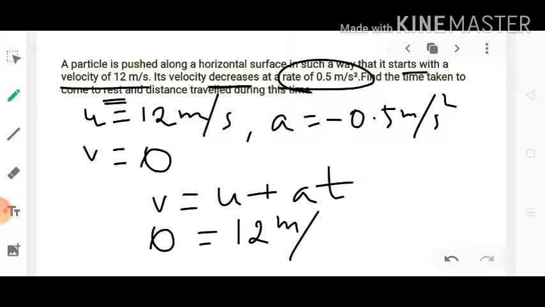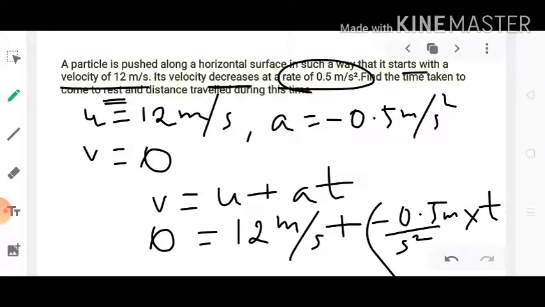So substituting the values, v is 0 equal to u is 12 meter per second, a is minus 0.5 meter per second square multiplied by t. Let's put the value inside brackets.